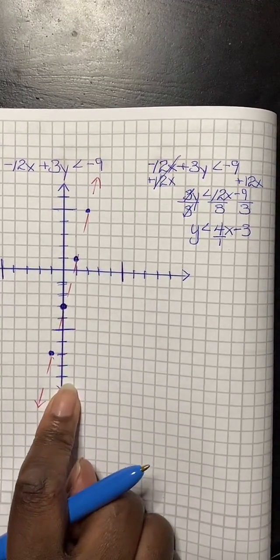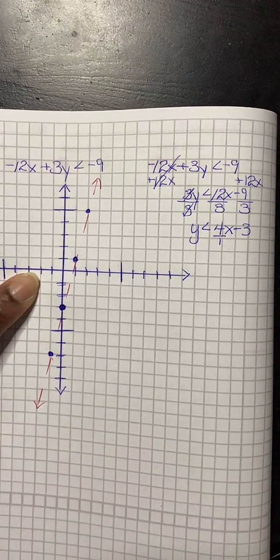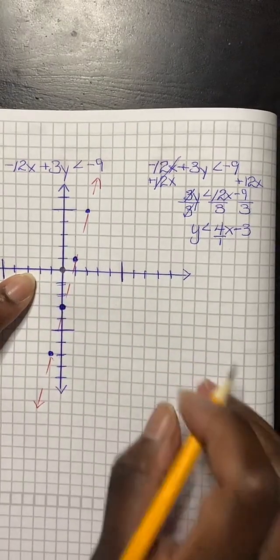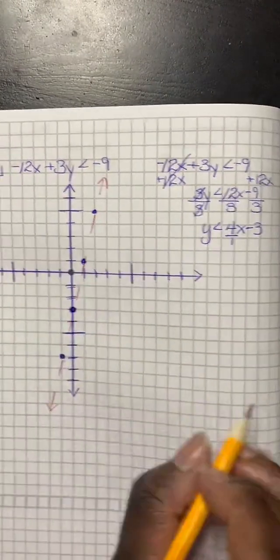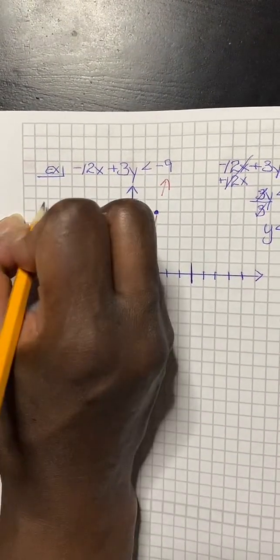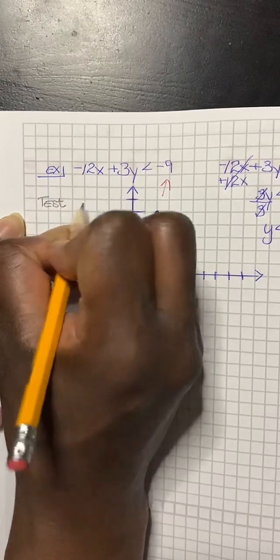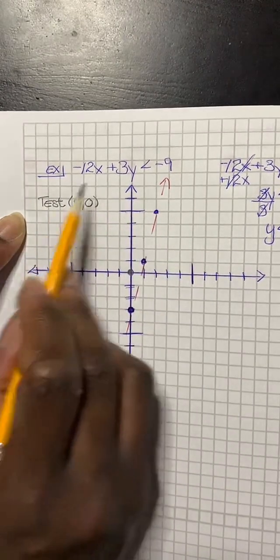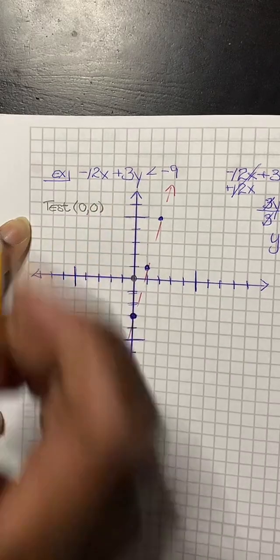If you're not sure which one's above and below, let's test it. Let's test it out with 0, 0. I'm going to put it over here. So I'm going to plug 0 in for the x and for the y.